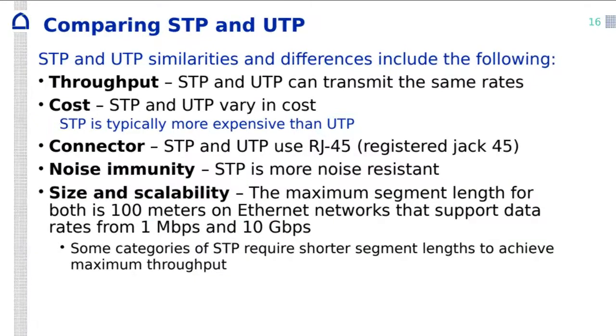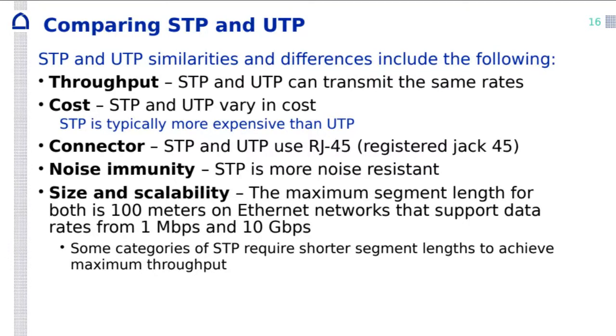So if we want to compare STP and UTP, throughput, STP has more throughput. STP and UTP can transmit the same rates for the throughput. But the STP and UTP vary in cost. STP is more expensive. Connector, they both use RJ45.